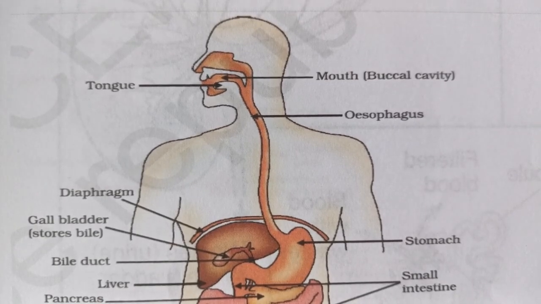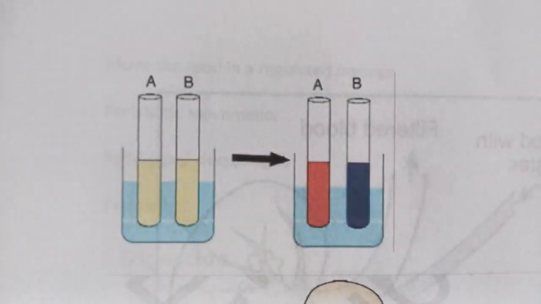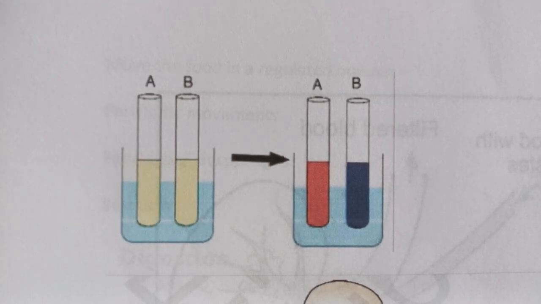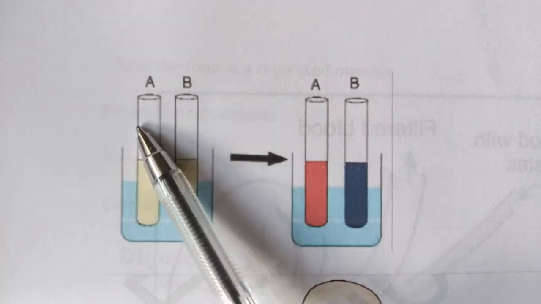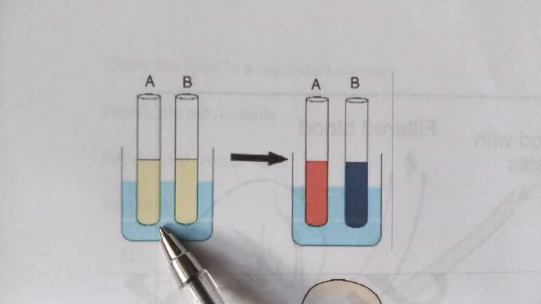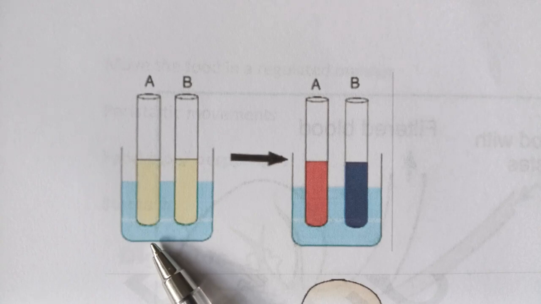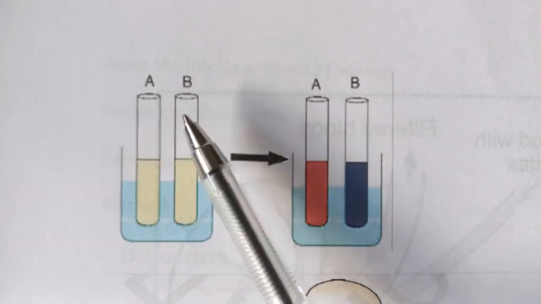They first give you an activity to do. In this activity, they ask you to take 1 ml of starch solution in two test tubes, A and B. Add 1 ml of saliva to test tube A and nothing to test tube B. Leave it for half an hour, and then add a few drops of iodine into each test tube.